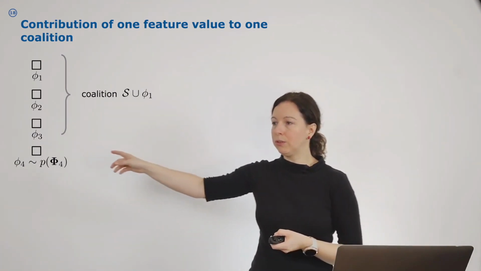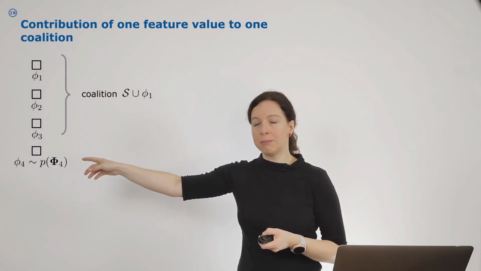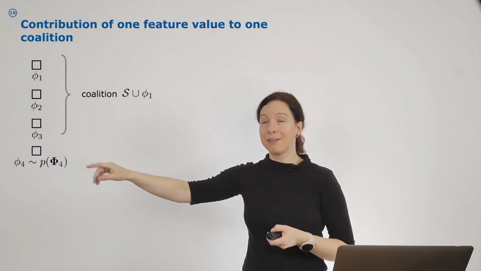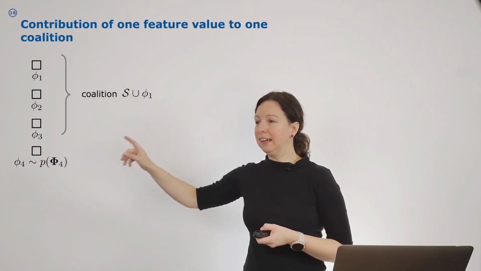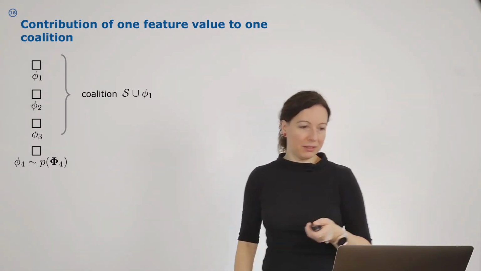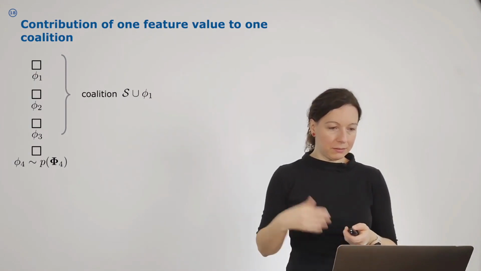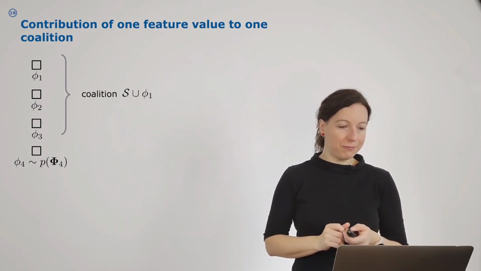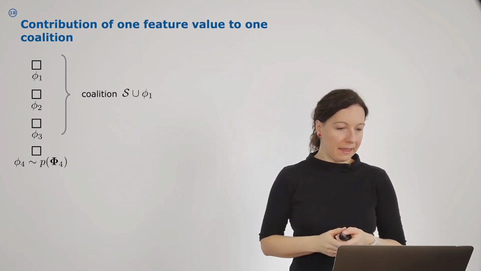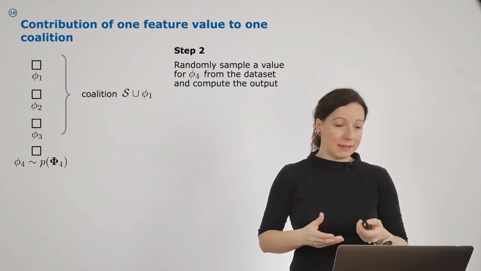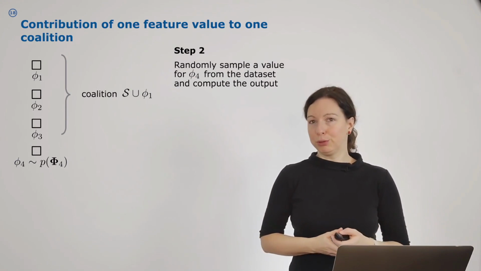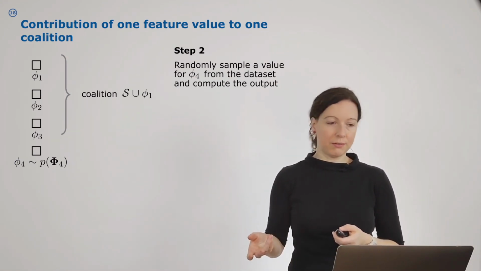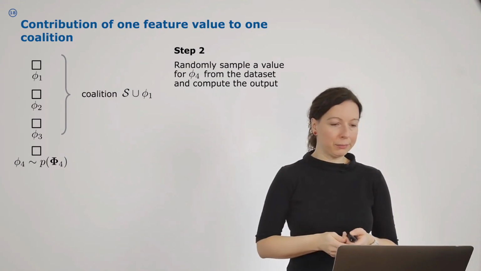So what you do is you randomly sample from your set of possible values of phi 4. You take one possible feature value, and then you compute the output. So now you have values for all the features, so you can compute an output. This is step 2.